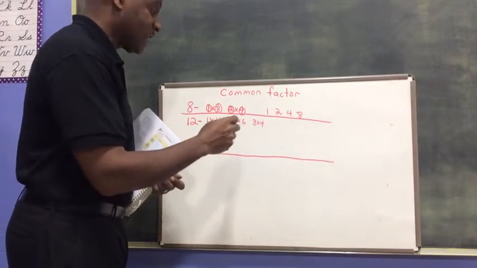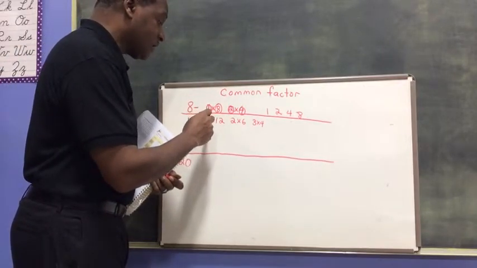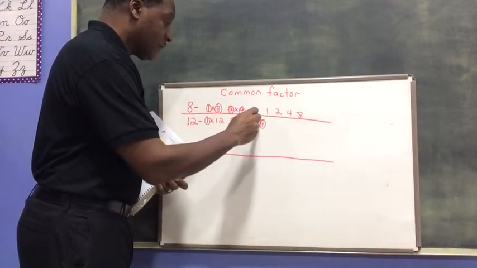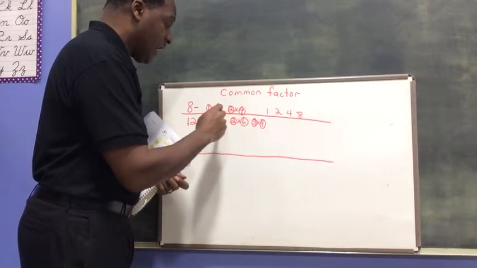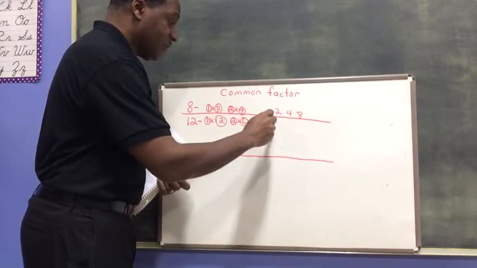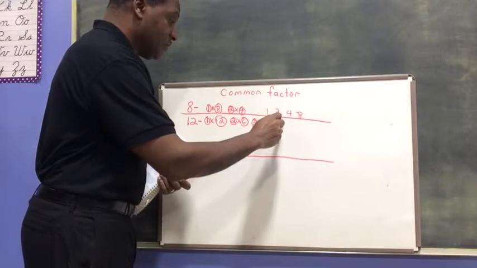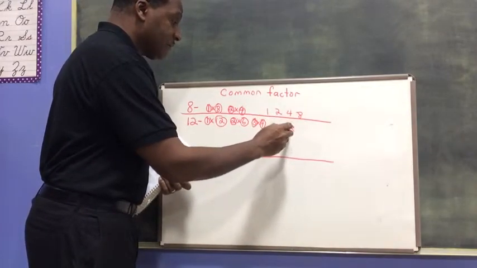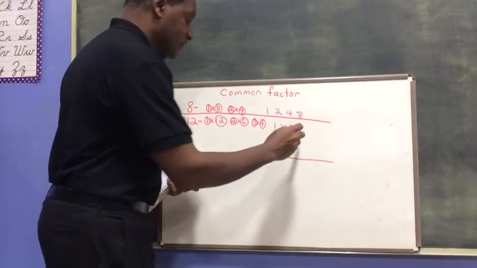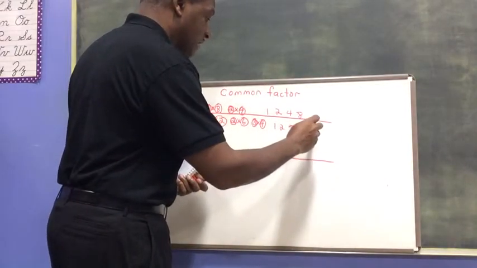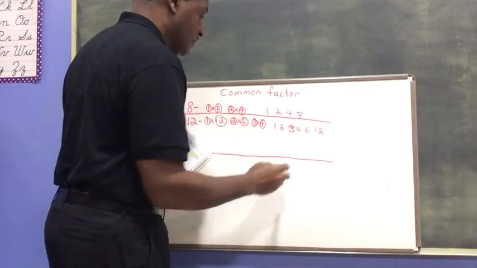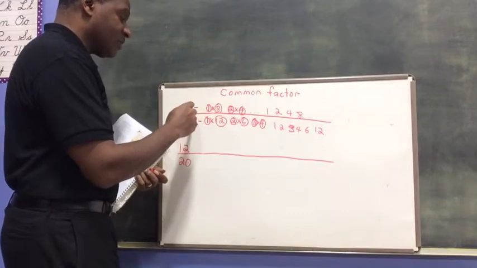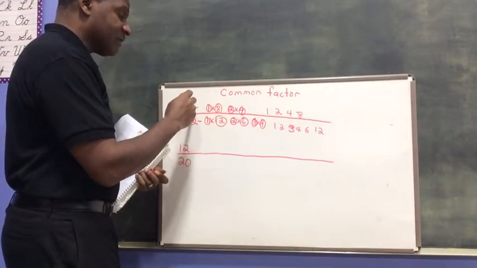So the factors of 12 are what? 1, 2, 3, 4, 6, and 12. Let's just list them: 1, 2, 3, 4, 6, and 12. So those are the factors of the number 12, and then the factors of the number 8.